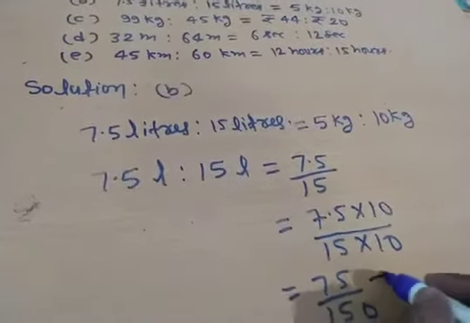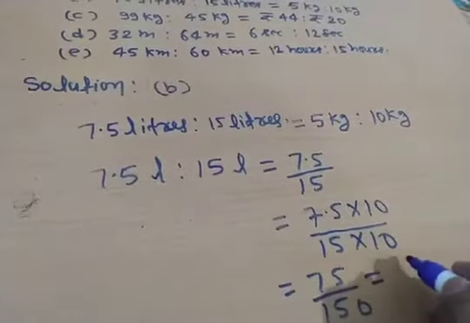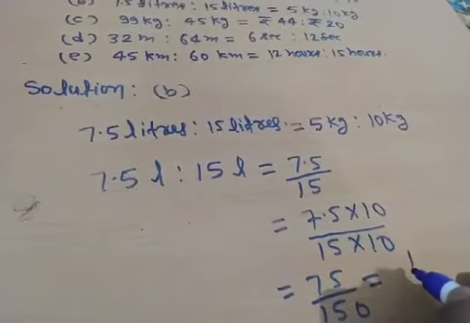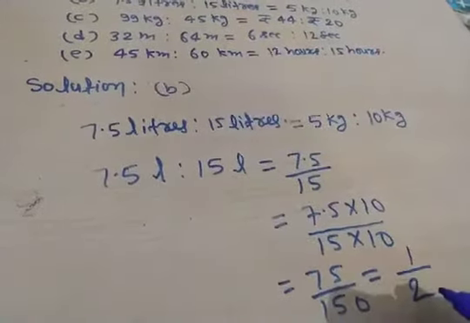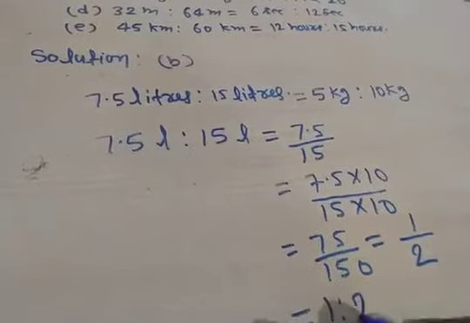So 75 times 1 is 75, and 75 times 2 is 150. So this is equal to 1 ratio 2.